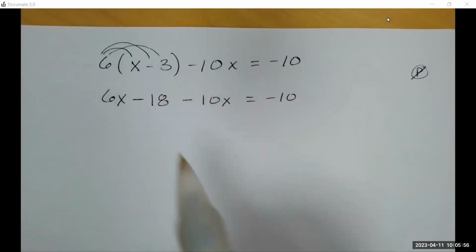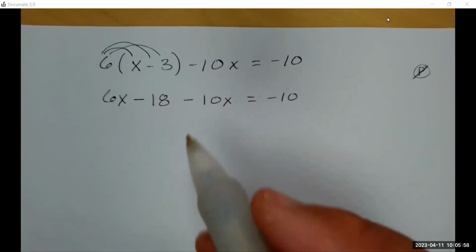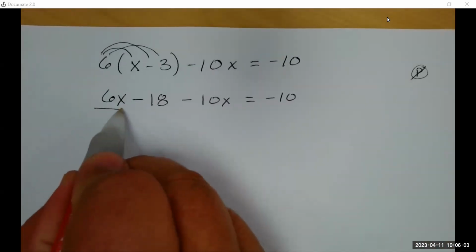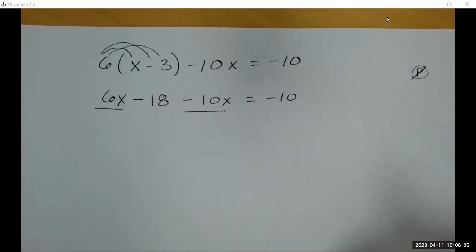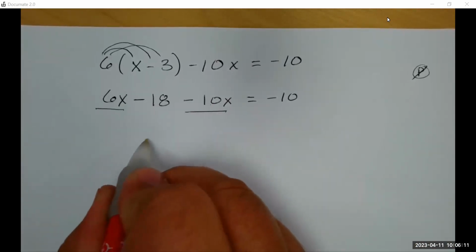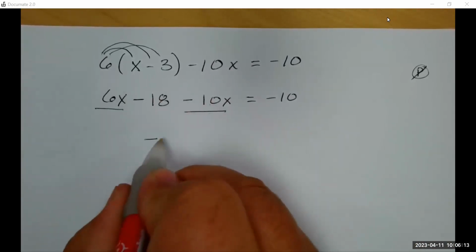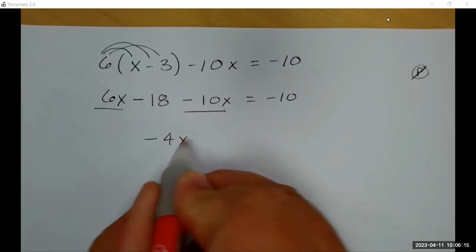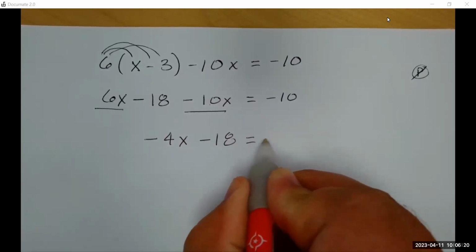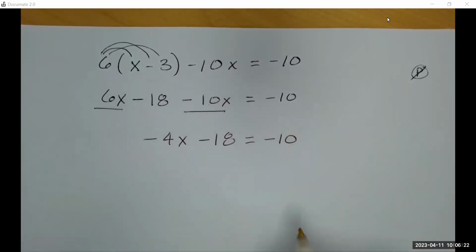So we got rid of the parentheses. The second step is combine like terms. 6x minus 10x. Since 10 is bigger, negative 10 minus 6 is 4. Negative 4x minus 18 equals negative 10.